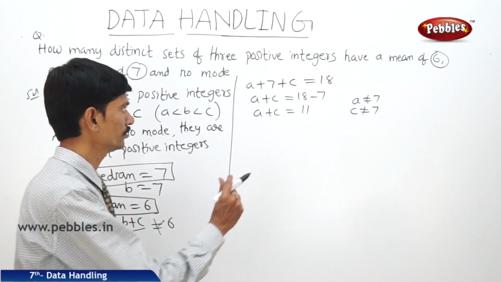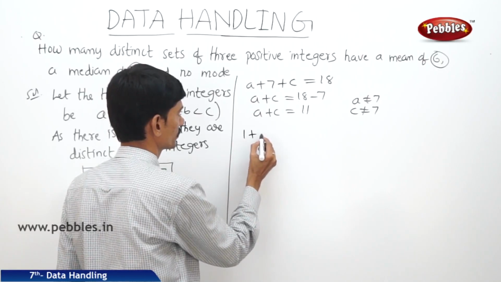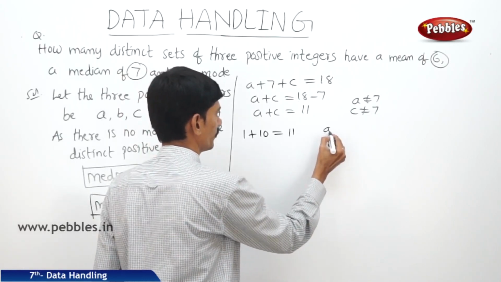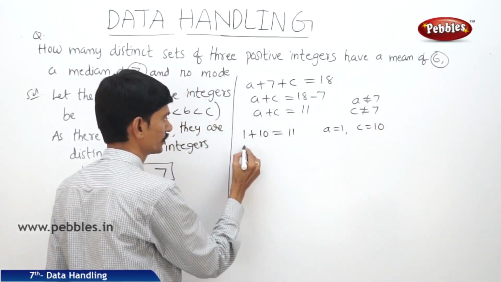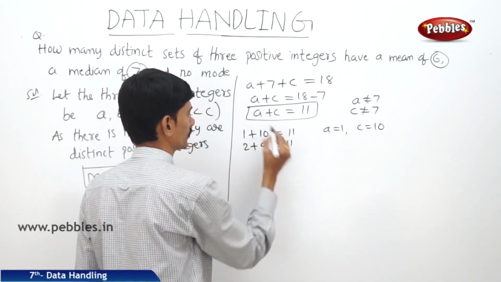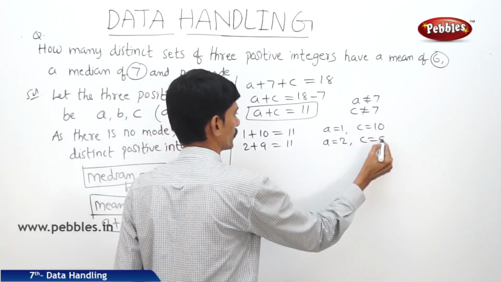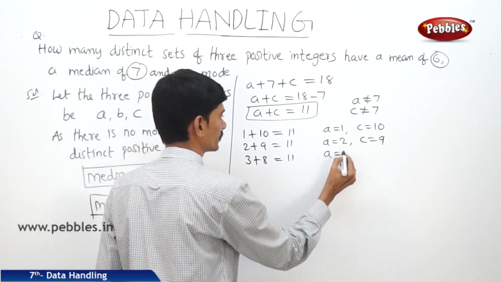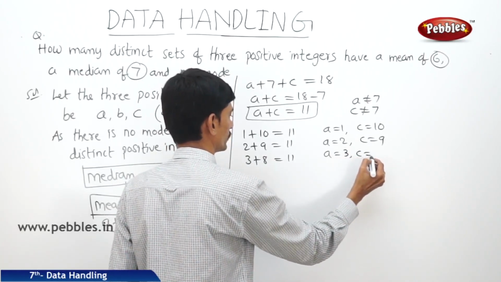So a and c are values other than 7. First we take 1 plus 10 equals 11, then a value is 1, c value is 10. Then 2 plus 9 equals 11, a value is 2 and c value is 9. Then 3 plus 8 also 11, a value is 3 and c value is 8.